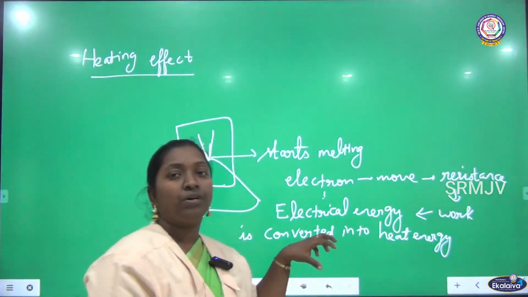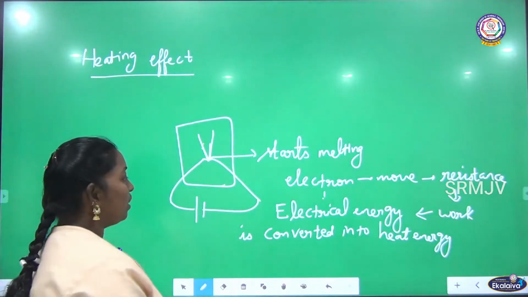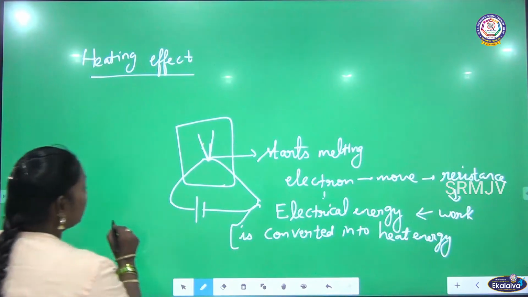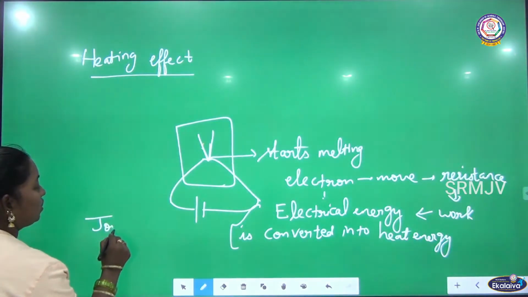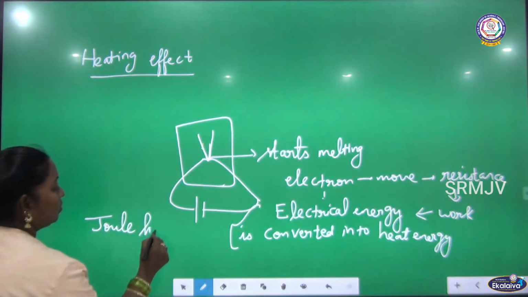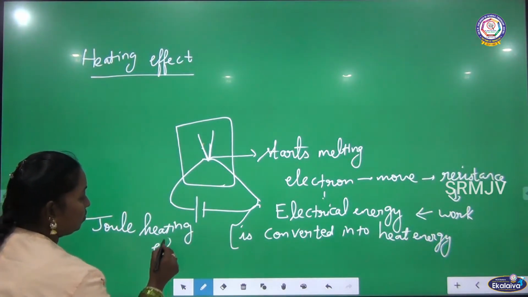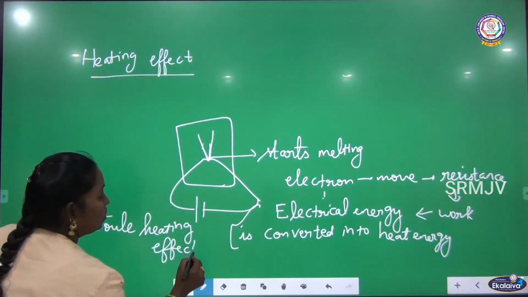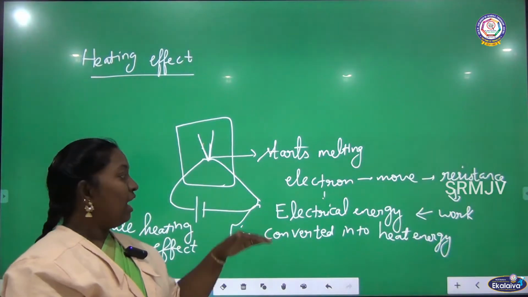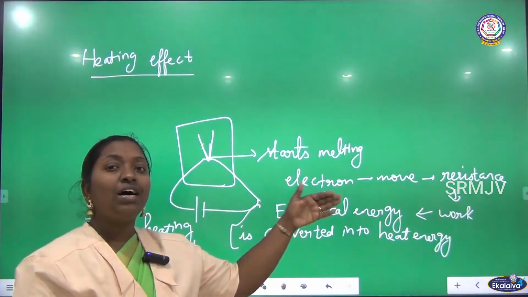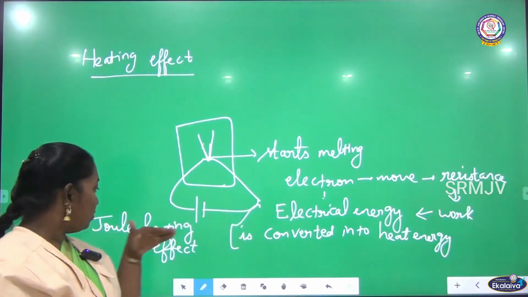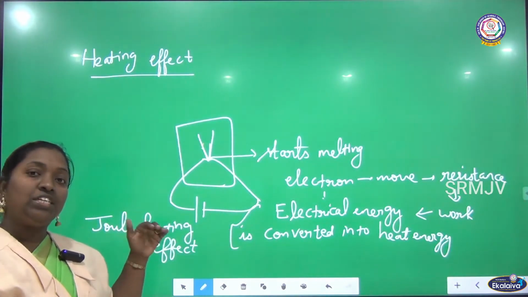This was found by a scientist, Joule. So you can call this the Joule heating effect. So what is the Joule heating effect? Electrical energy is converted into heat energy. Based on this, the name is called the Joule heating effect.